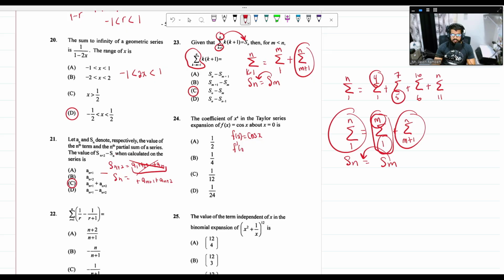So f dash x is minus sine x. The second derivative is going to be minus cos x. The third derivative is going to be sine x. And the fourth derivative is going to be cos x.